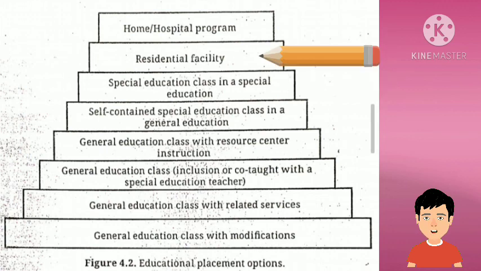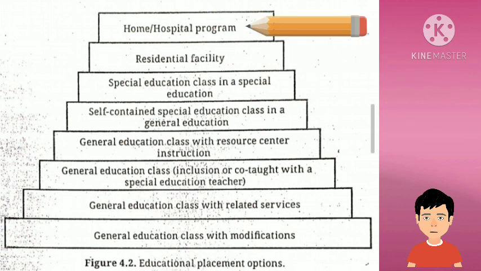On the other end of the continuum is the most restrictive or isolated setting, such as a residential facility where students live and receive their educational support 24 hours a day. Finally, children with multiple disabilities, often of the severe kind, are provided with home or hospital-based programs to manage their medical condition and learn as much as they could.